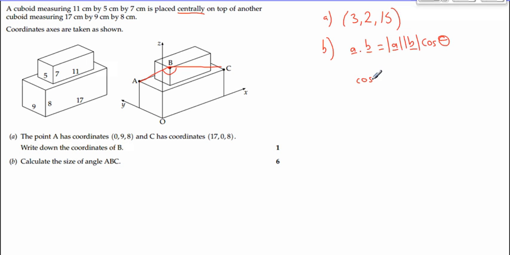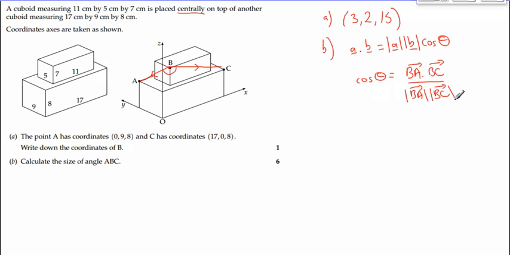The important thing here is to get the correct vectors. You have to use the vectors pointing away from the angle. So what we're really going to use is BA dot BC, all over the magnitudes, because that's what you divide by to isolate the cos theta.